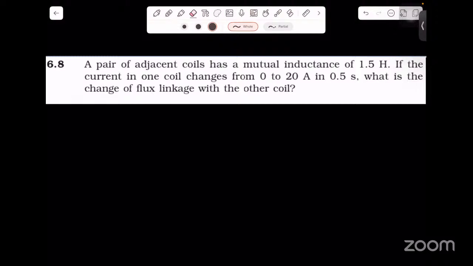So the last question says, a pair of adjacent coils has a mutual inductance of 1.5 Henries.